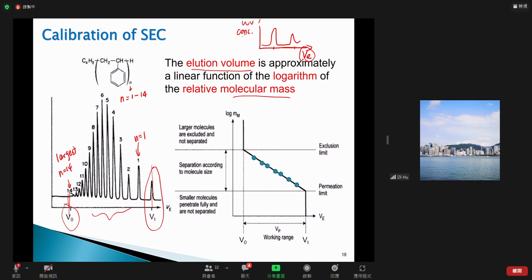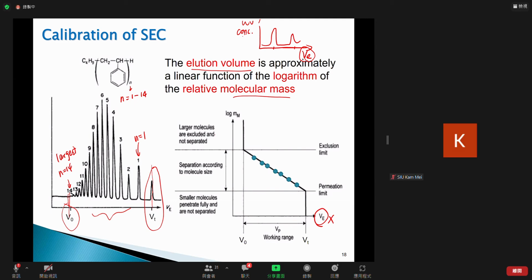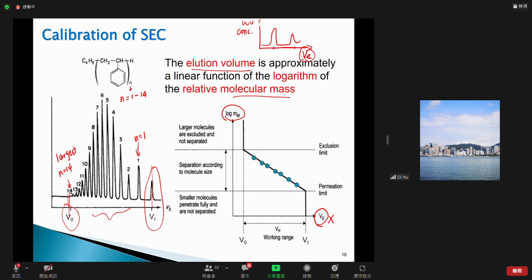When you do the calibration, you will find that the x-axis is still VE, but the y-axis now is the log value of molecular weight. Now it's the log molecular weight, not directly the molecular weight.